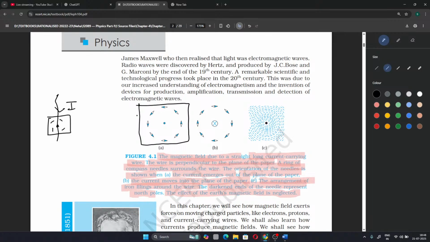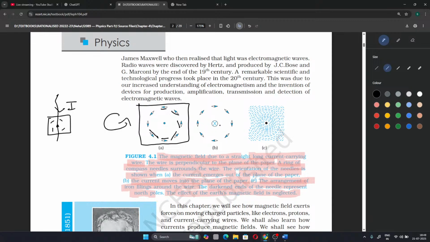If we see it, it's exactly tangential like this. The alignment of the needle is tangential to the circle, and the north pole is going in order from left to right. The north pole here, north pole.